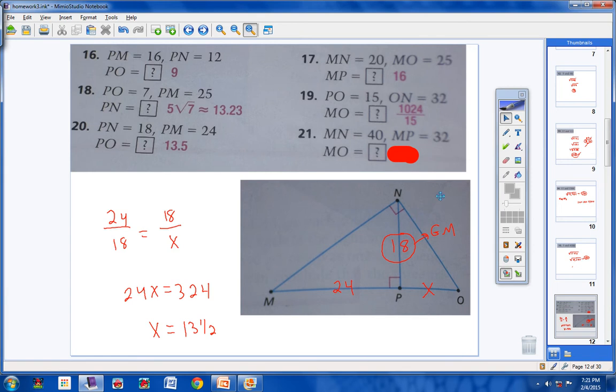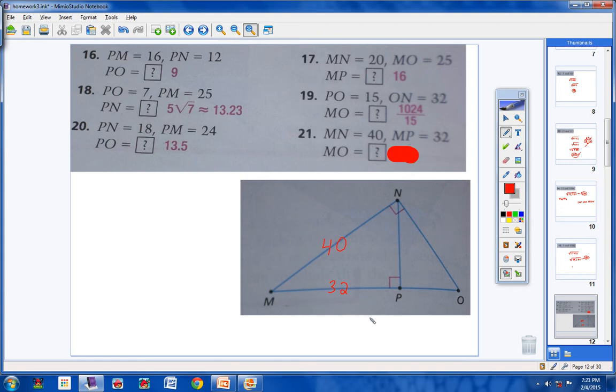Alright, moving on to the last one, number 21. Number 21, here we go. Okay, MN is 40. MP is 32. So this is 32. And then MO, question mark.